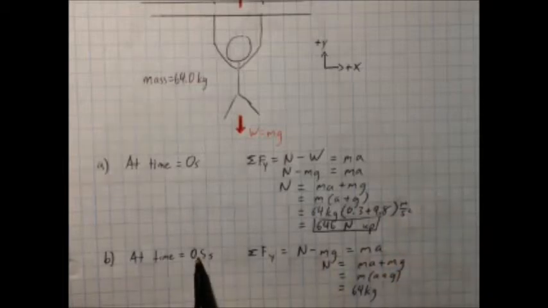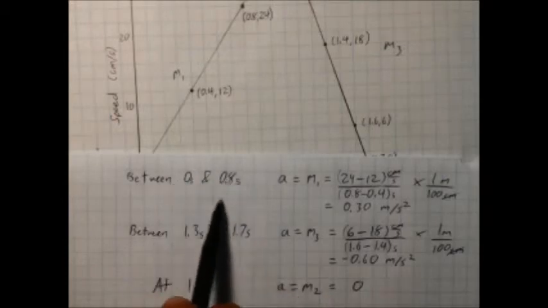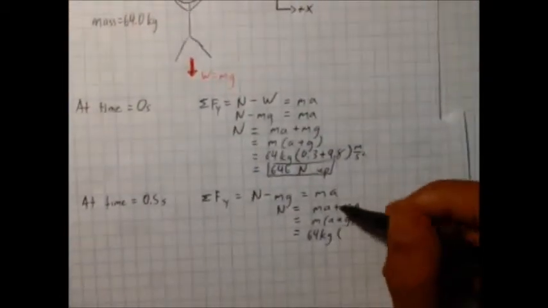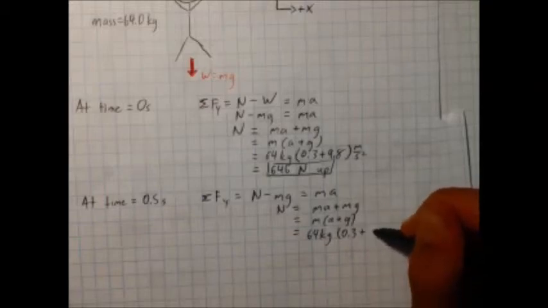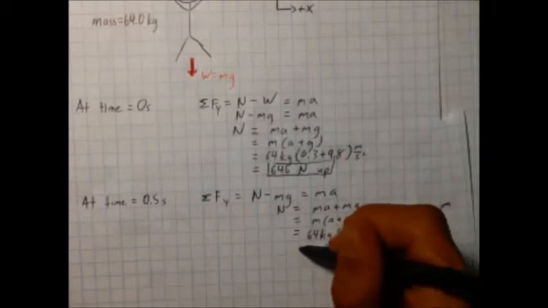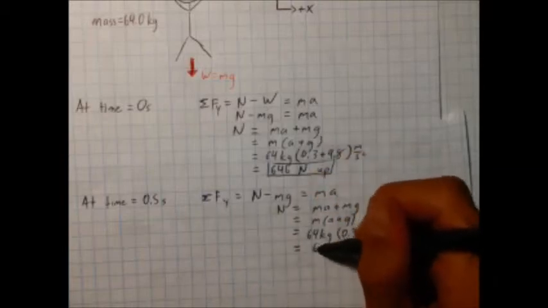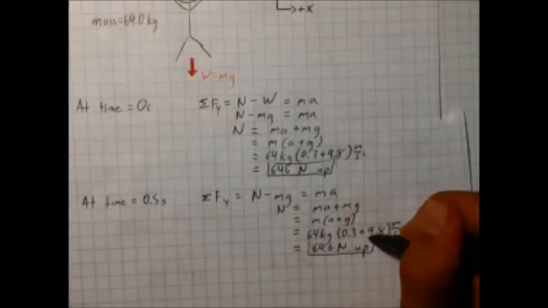The acceleration at 0.5 seconds, let's look back at our previous work. We found that at 0.5 seconds, it is still 0.30 meters per second squared. So that's the acceleration we're going to plug in. 0.3 plus g, the acceleration due to gravity, in meters per second squared. Simplify that and we get the same thing, since this is essentially the same problem as before. 646 newtons up.